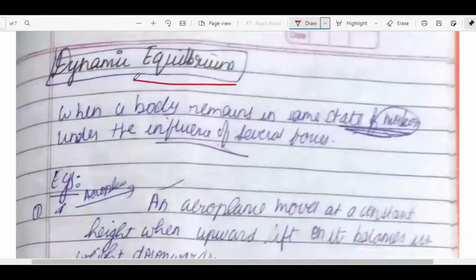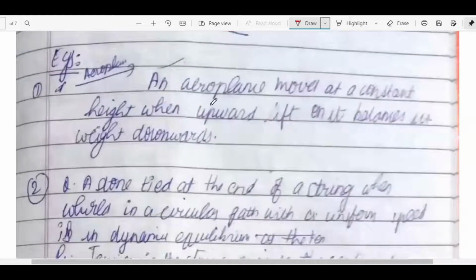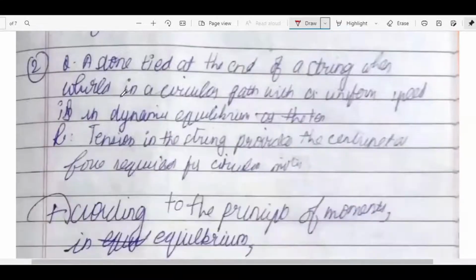What is dynamic equilibrium? When a body remains in the same state of motion under the influence of several forces, it's called dynamic equilibrium. For example, an aeroplane moves at a constant height when the upward lift on it balances its weight downwards.